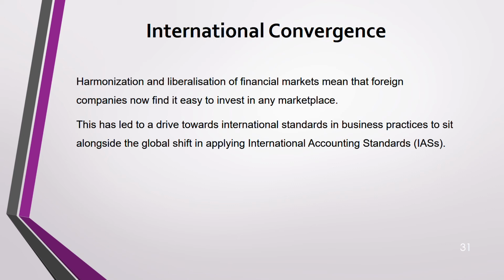They are driving towards international standards, so that whether you're in UK, US or any other country, you follow one set of standards internationally. The good thing is it's very easy for people to compare, and practices are consistent. You just need to know one set of rules. In IAS, the International Accounting Standards, this happened and convergence could be seen, but for corporate governance we will see how it has converged or not.